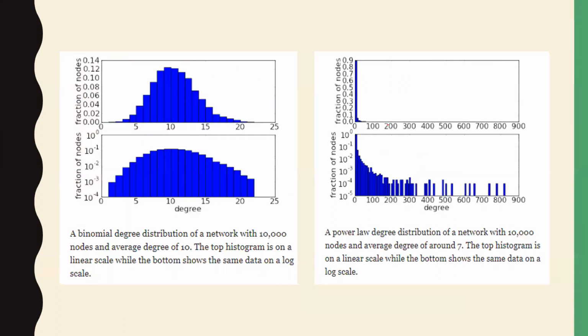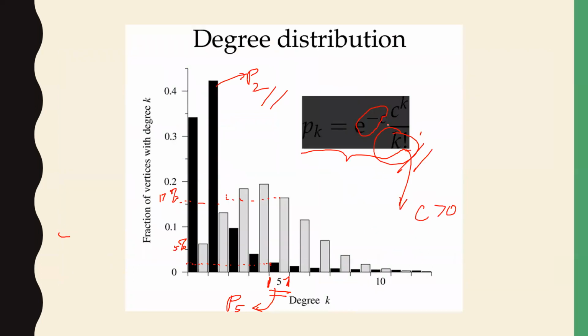Now, by the way, Poisson degree distributions do not usually arise in applications, because most physical systems usually have several vertices that are connected to a lot of other vertices. So degrees can be very high for most physical systems relative to the size of the graph.